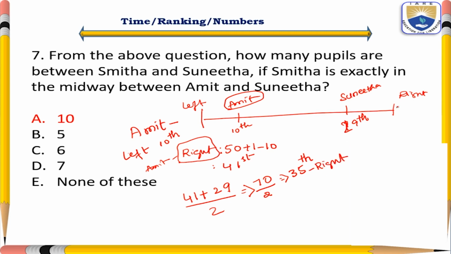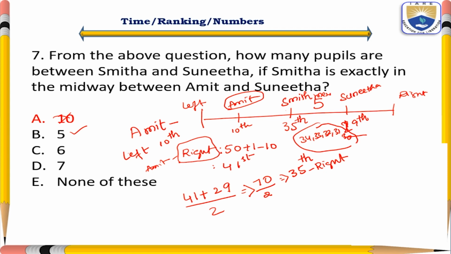From the right end, at the 29th position Sunita is there, and at the 35th position Smita is there. Then the people between are at 34, 33, 32, 31 and 30. So the number of people between Smita and Sunita is 5 members. So the answer is 5.